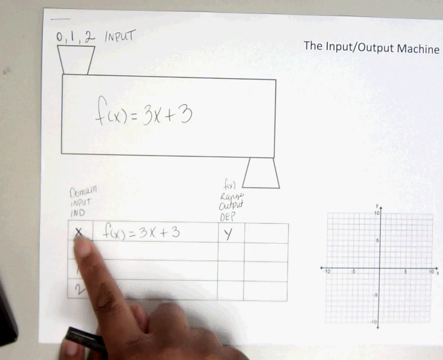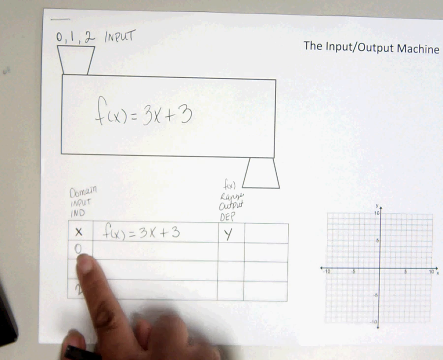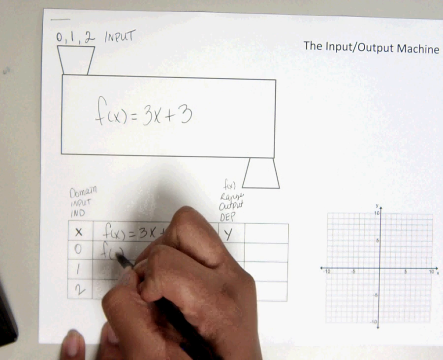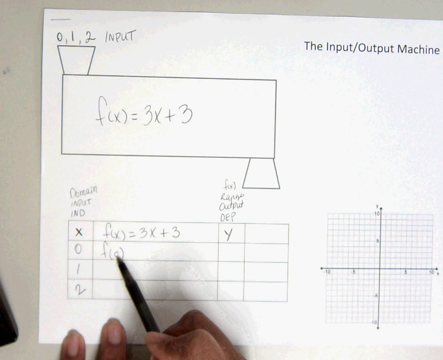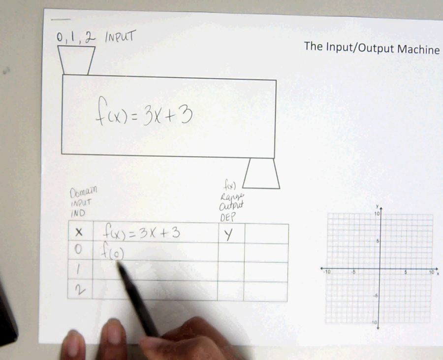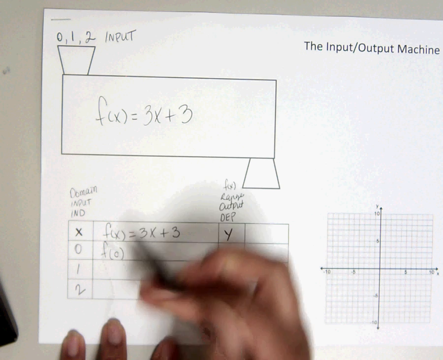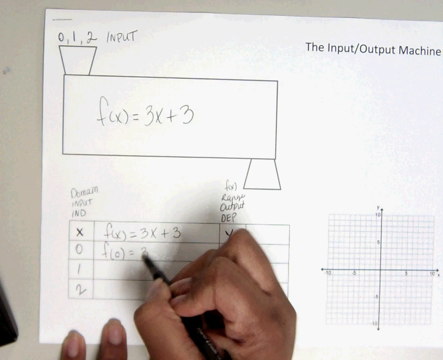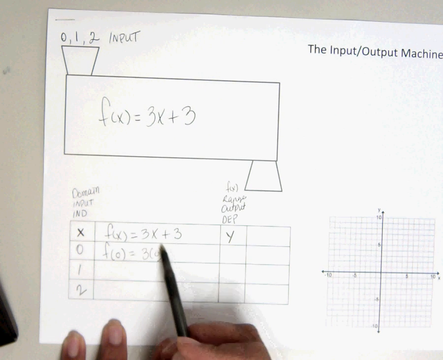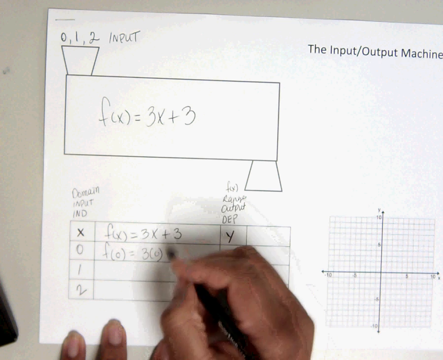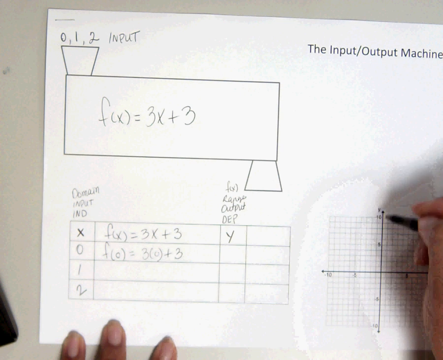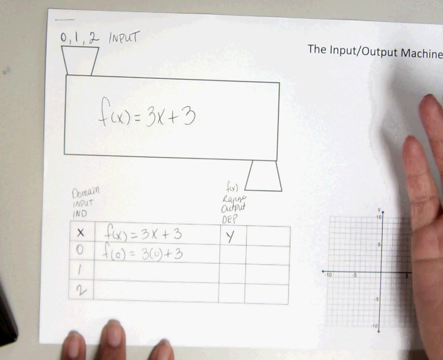Wherever I see an x, I'm going to put 0. So when 0 goes into the function, what do I get? So I wrote 0 everywhere I saw an x.